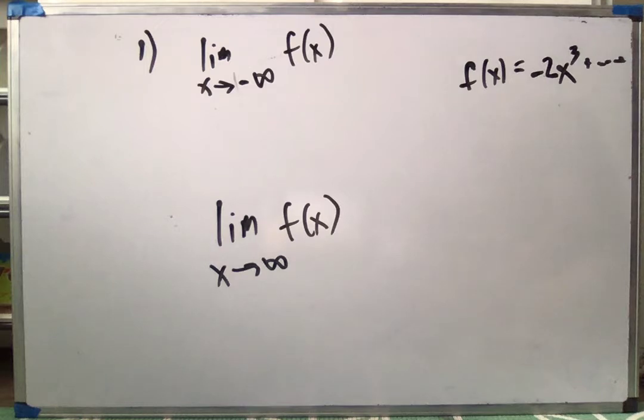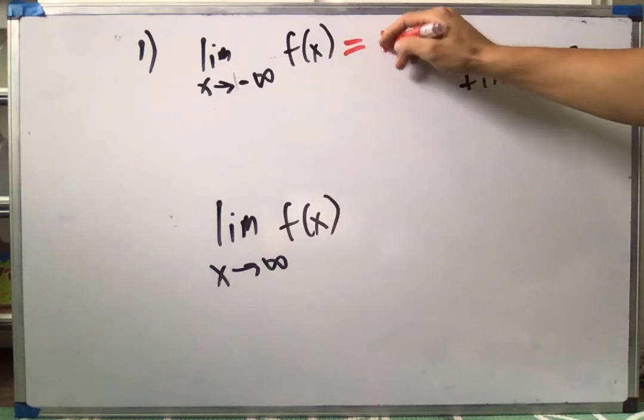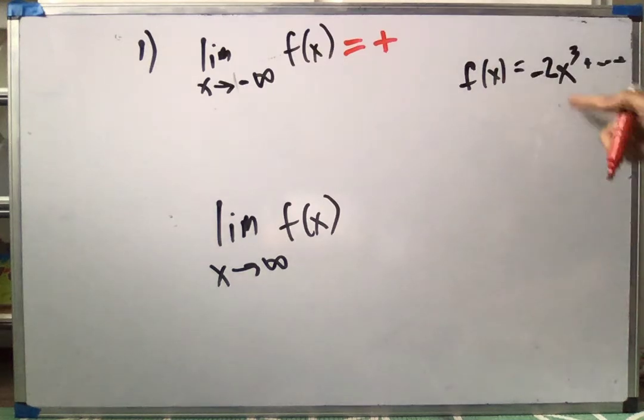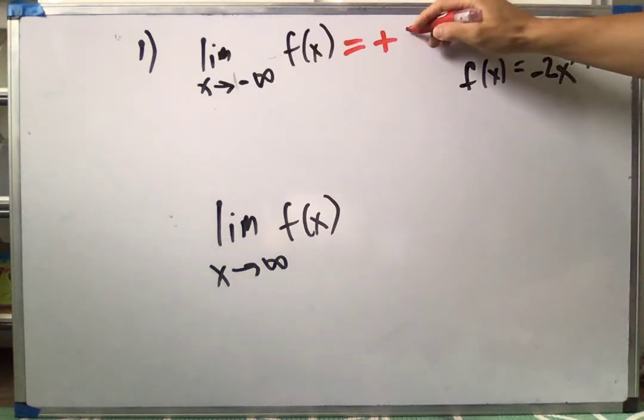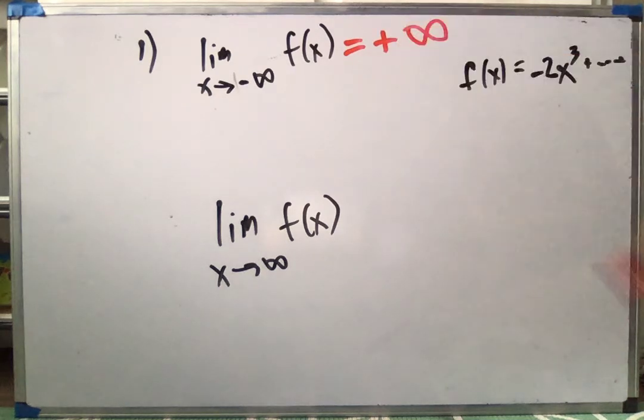So the overall sign is going to be positive, and it's going to be a really huge number. So positive, and the larger it gets, the larger f of x is going to get. So positive infinity. Now these limits for these polynomials, they're always going to be positive or negative infinity because the thing is just going to explode as x gets larger and larger. It's either going to explode upwards or downwards.